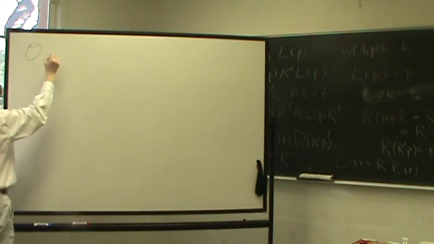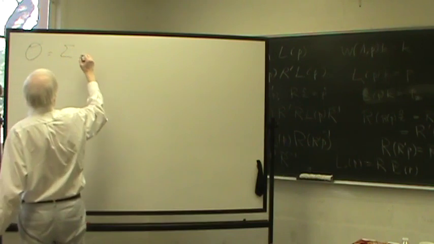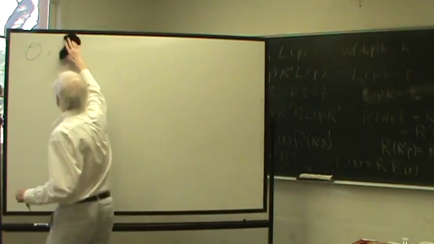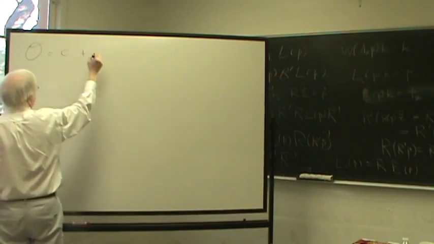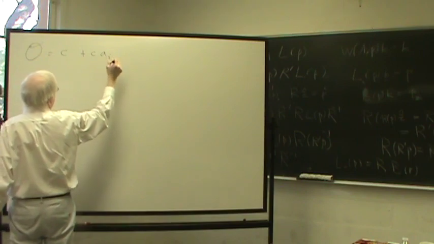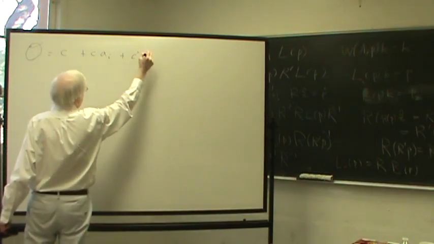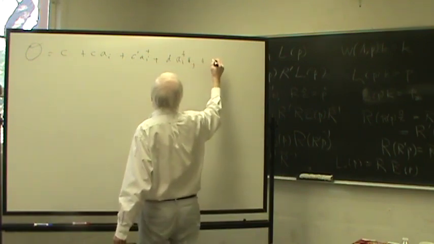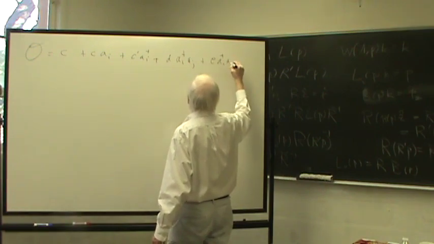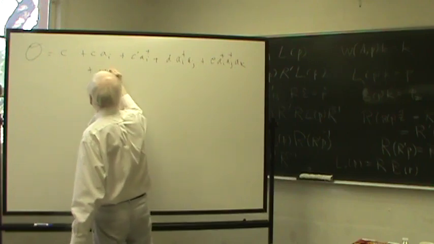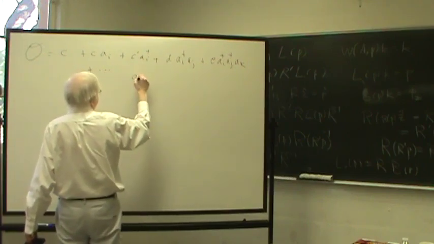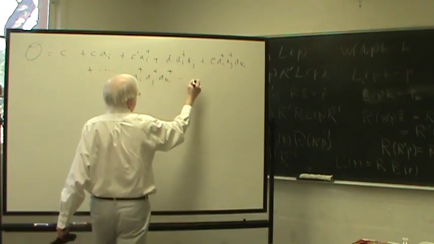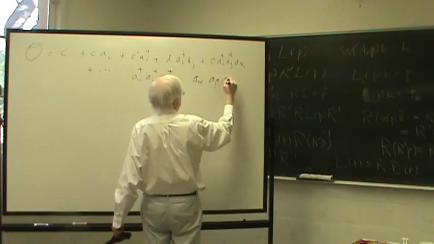Any operator in this theory can be written as some constant plus another constant times A_i plus another constant times A_i dagger plus other constants times A_i dagger A_j, plus another constant, A_i dagger A_j dagger A_k, plus, and so forth, until finally you have something that's A_i dagger A_j dagger A_k dagger A_alpha A_beta A_gamma.